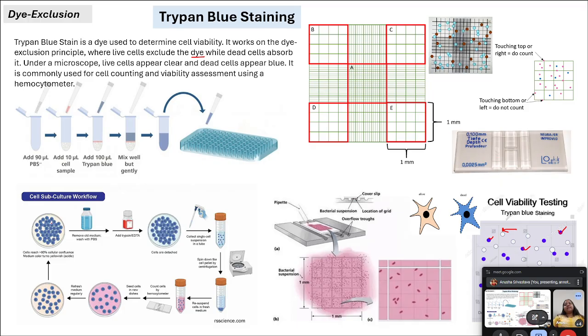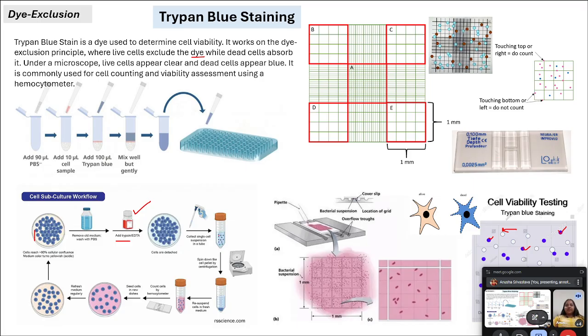Suppose you cultured cells in a dish, and once these cells reached 80% confluence, it means the cells have covered almost 80% of the area. What you do is the old medium is removed, the cells are washed, and then you add trypsin, if these are adherent lines, in order to detach the cells that are attached on the dish.